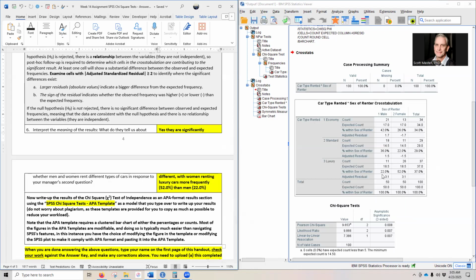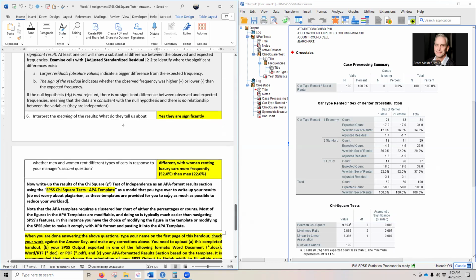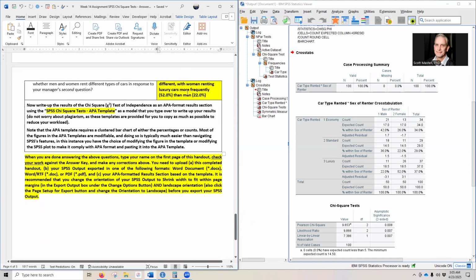It's common to use the actual percentages as well. So we would say, yes, there's a significant difference in the types of cars that men and women like. Women like luxury cars, 52% of their total rentals, more than men at 22%. And that's right here. So hopefully you wrote this up and everything went okay. And congratulations, you made it through stats.